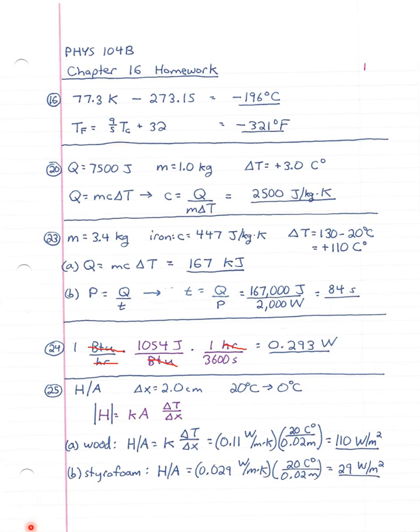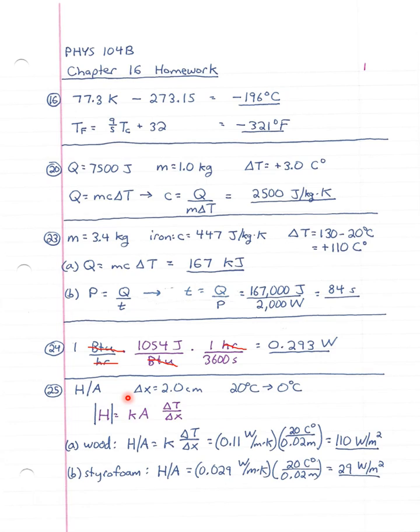Number 25, find the magnitude of the heat loss rate per square meter through slabs of wood, styrofoam, each 2 centimeters thick, if one surface is at 20 degrees Celsius and the other is at 0 degrees Celsius. Here's the given information, H over A, because we want heat loss per area.